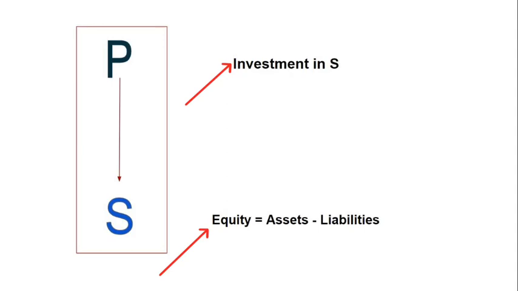If there's no non-controlling interest, which we assume for now, all of the equity of S is attributable to the parent because of the investment that the parent made in S. So that immediately becomes two common items that you have to eliminate in the group. The investment coming through from the separate financial statements of P and the at acquisition equity coming through from the separate financial statements of S.